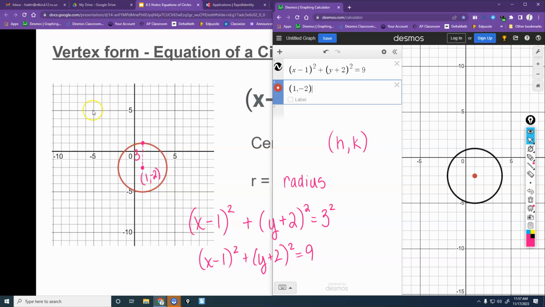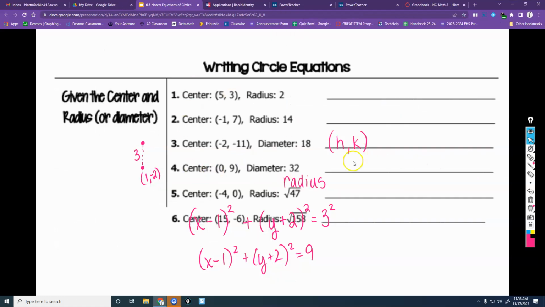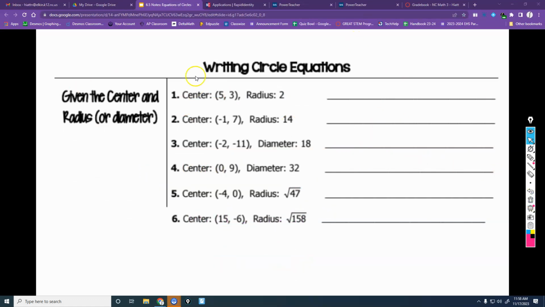Okay, so a lot of this, I probably wouldn't use Desmos for it if I were doing the problems, but you could always use Desmos to check your answers for these. So for example, with number 1, it asked me to write the equation of a circle with a center at 5, 3 and a radius of 2. That will look like this.